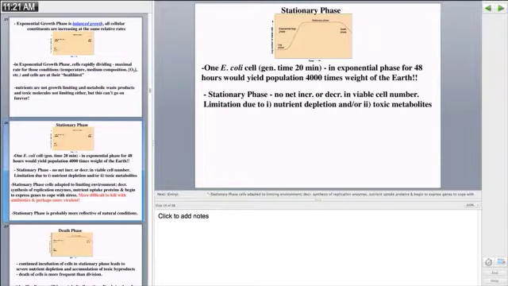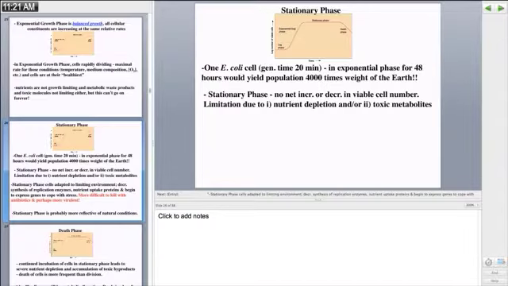So stationary phase occurs in virtually any environment, whether it's in the laboratory in a broth culture, or in Lake Matoka, or in our intestinal tracts. Wherever it is, the bacteria eventually reach a point where growth is just not an easy thing to do. I guess it's still fun, but it's not easy.